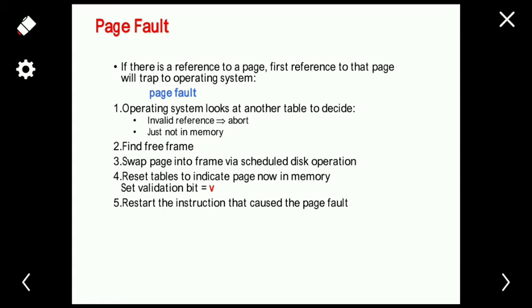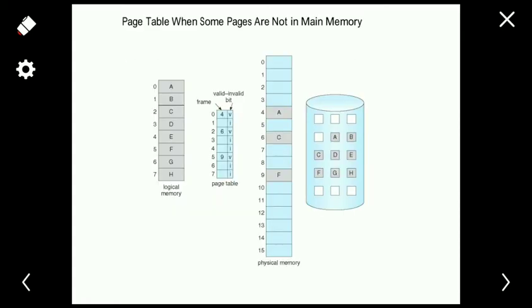In the case of a page fault, internally the OS will be handling an internal page table. Whenever there is a trap to the OS, the OS will look into the internal table. If there is an invalid bit, the page fault will occur, right? If there is an indication of I, then the page fault will occur.